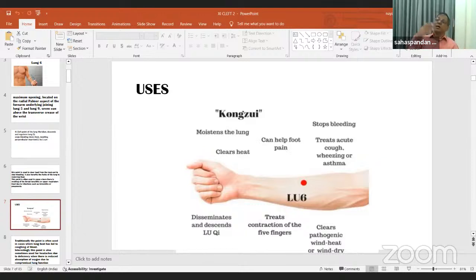So if there is lung deficiency and the oxygen level comes down, this point works in that condition. And if the oxygen comes down, the patient will suffer headache. So if some patients come to you, you should see their oxygen level also.